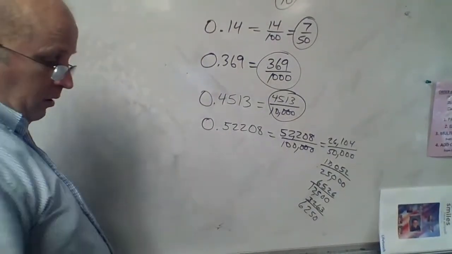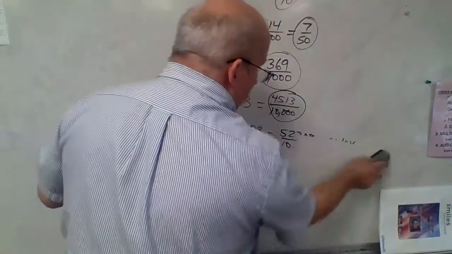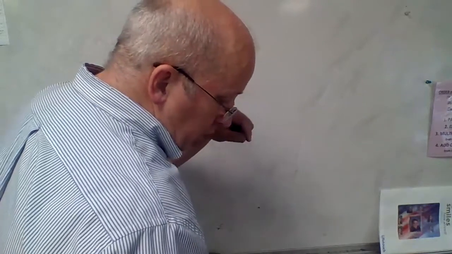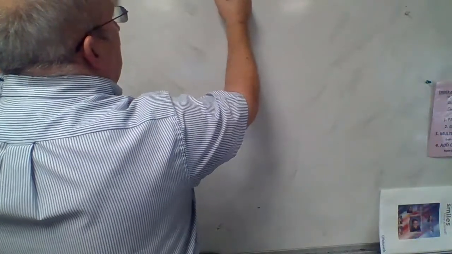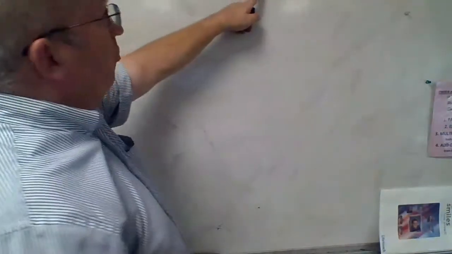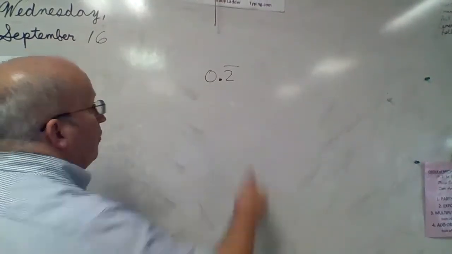The final part of this is, what do we do with repeating decimals? What do we do with repeating decimals when we want to change them into fractions? Like, let's say, for example, we had 0.2 repeating, and we wanted to change this into a fraction.